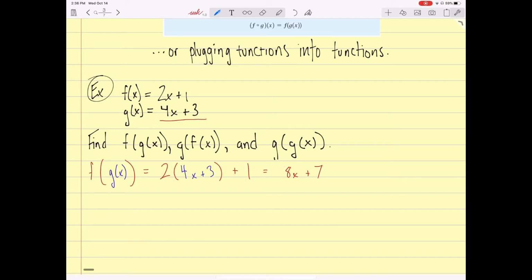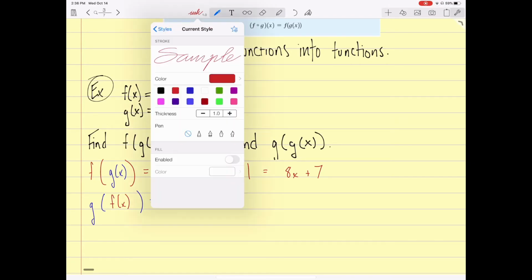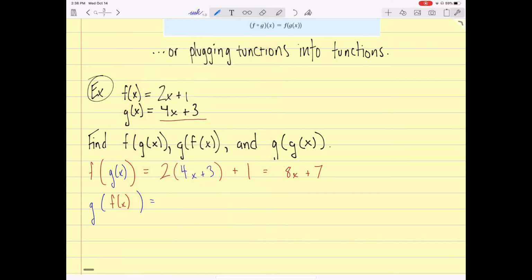So if we look at the next one, g of f of x is going to be taking g, which is 4x plus 3, so that would be 4 times whatever thing you're evaluating at, plus 3.